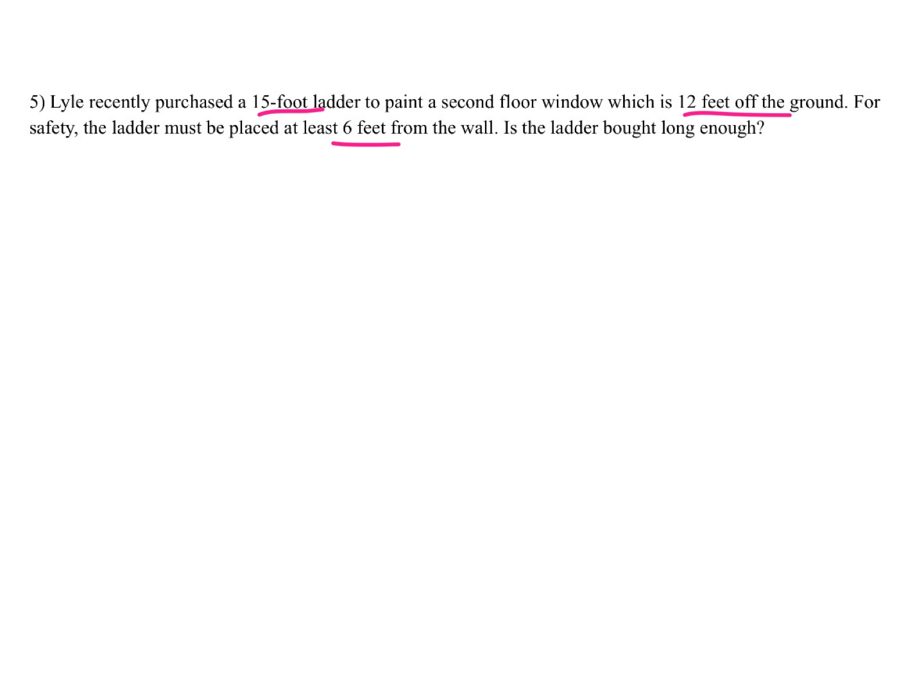It's a 15-foot ladder. The window, okay, so here is the second floor window. So the second floor window, I'll just put here, and here's our first floor. Okay, so this is 12 feet. And he must place, for safety reasons, the ladder 6 feet from the wall.